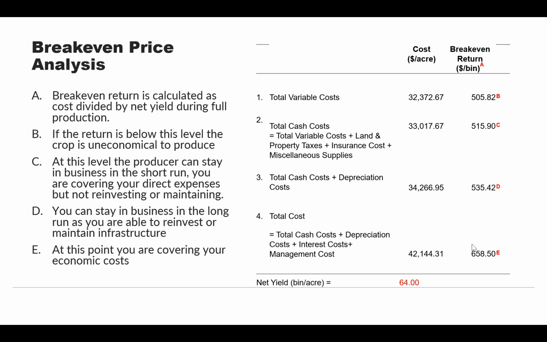And then at $658 a bin is when you're also covering the interest costs and your management costs. So if you assume that you want a 5% return or a 20% return, or whatever you've determined your management cost is, that's what you would need to receive to make that level.